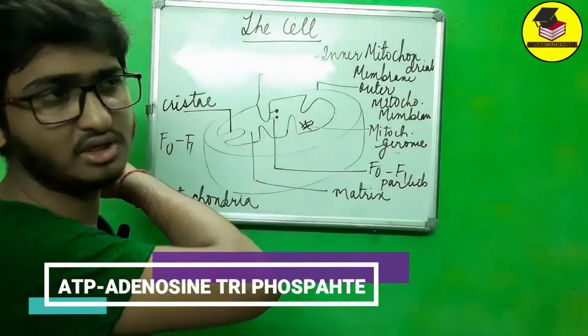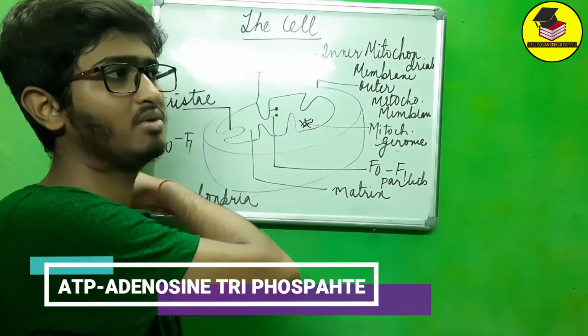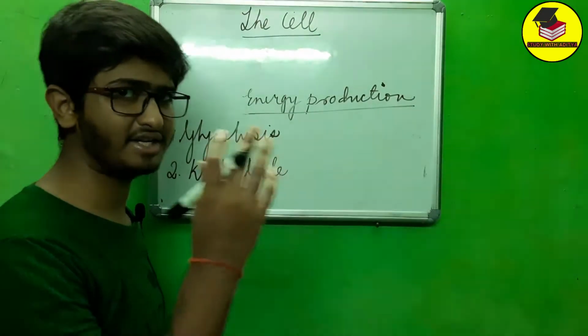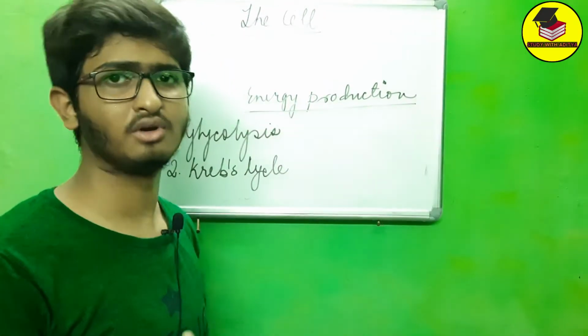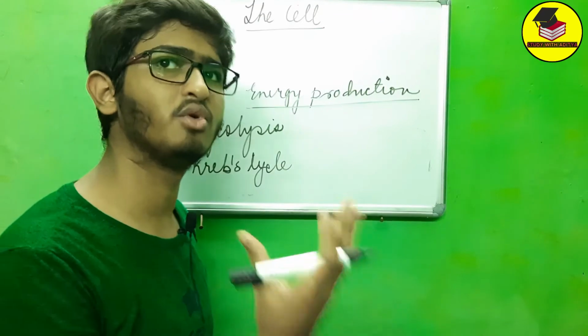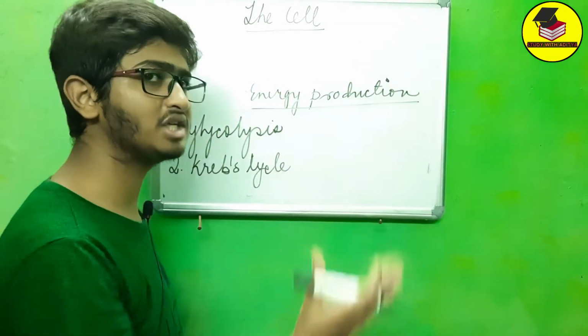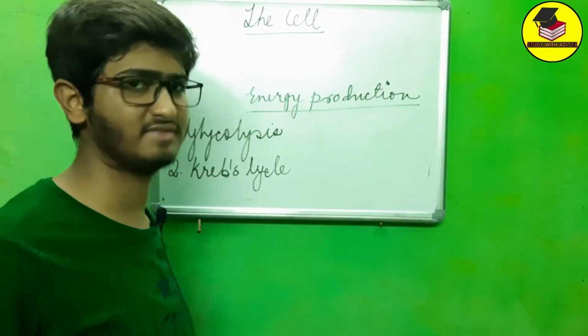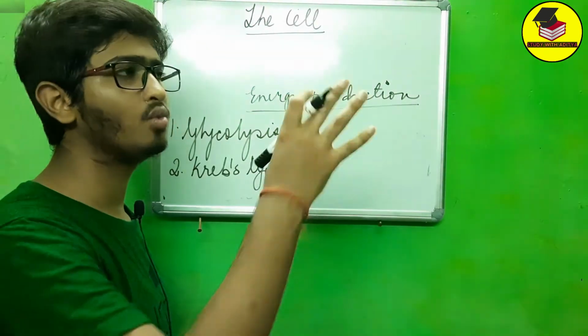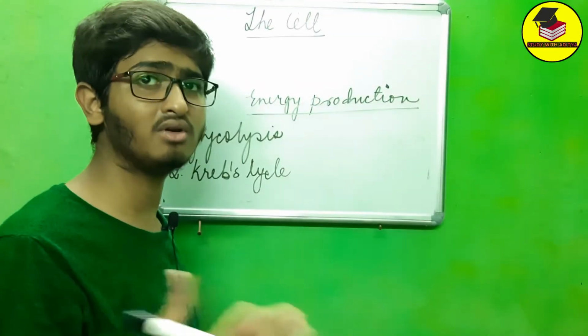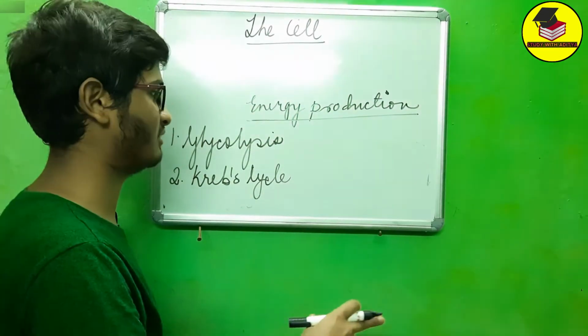Now a few things you need to understand with mitochondria which are very important. Just an additional topic for you to learn and understand the topic more clearly. Energy production in a cell. Now energy production occurs in a series of steps, but basically one occurs outside the mitochondria and one occurs inside the mitochondria.